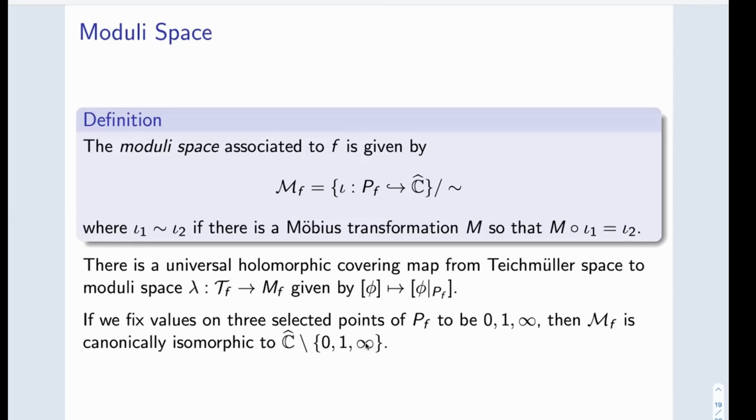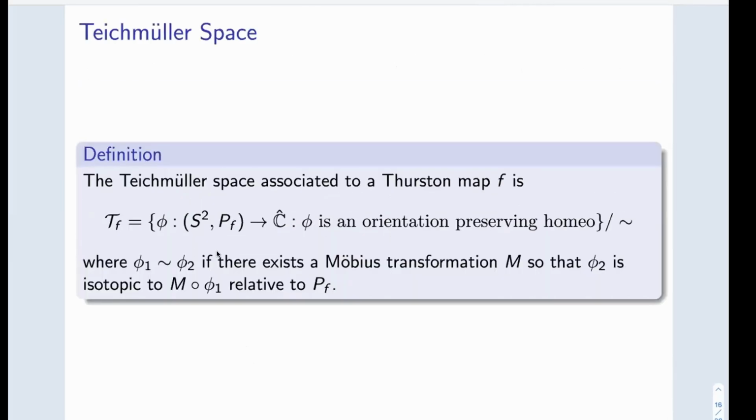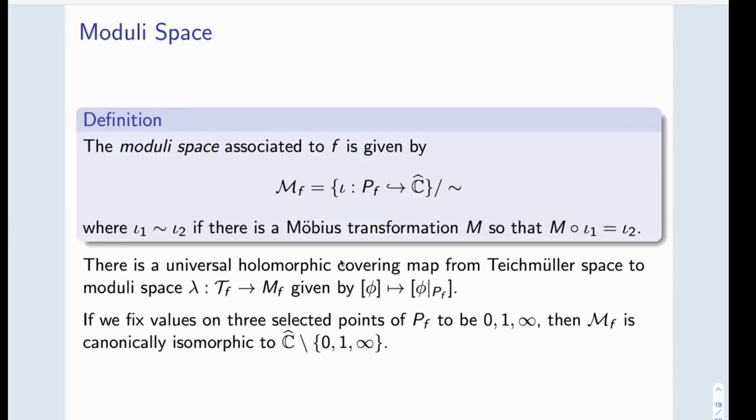Okay. And if you examine this definition closely, you'll see that really what this space boils down to is the restriction of one of these maps to PF. So with that in hand, you can actually observe that Teichmüller space is going to be the universal cover of the moduli space.